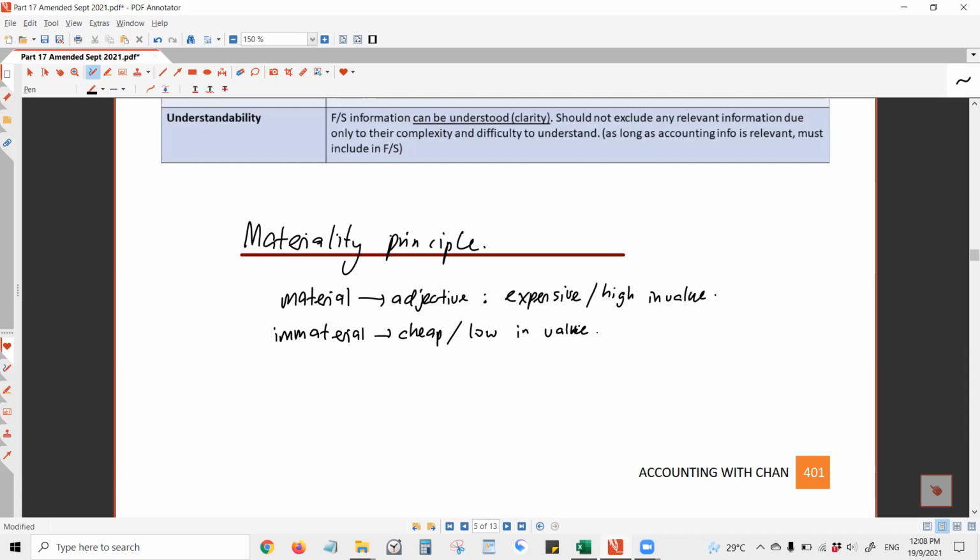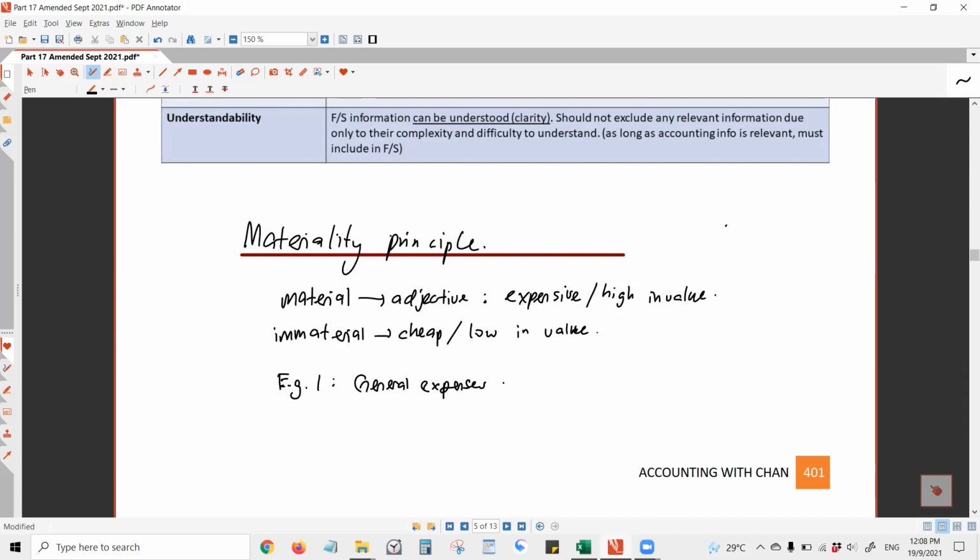Okay, let's see. I give you two examples. Example one: sometimes you see general expenses, right? So what does general expenses mean?